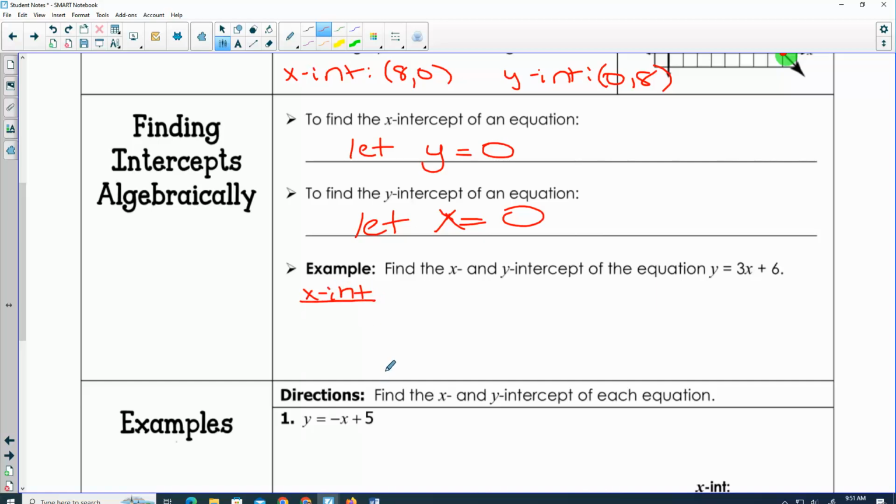find the x-intercept, y equals 0. So I replace my y with a 0. And we solve this. What would we have to do to solve it? Subtract. Subtract over the 6.